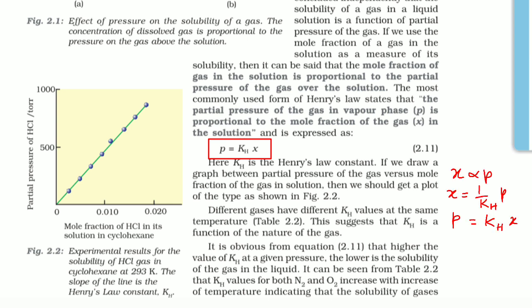That means x is directly proportional to small p according to Henry's law. To remove the proportionality sign, we have to use one constant, and that constant is 1 by kH. So x is equal to 1 by kH into p, and if you cross multiply it, then it will be your equation 2.11, which is small p is equal to kH into small x.